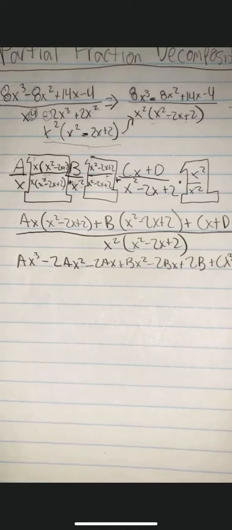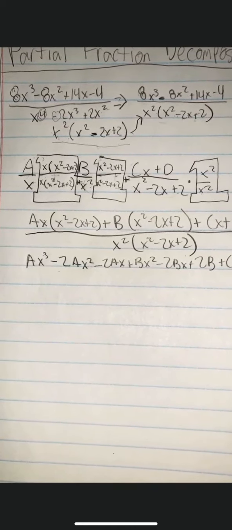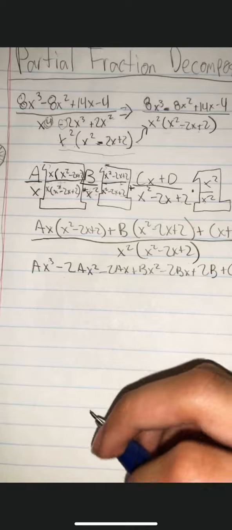See, ax times x squared will also be ax cubed, minus 2ax squared, and then minus 2ax plus bx squared minus 2bx plus 2b, cx cubed, and then minus dx squared. Actually, plus dx squared. So, yeah, that's the whole thing.